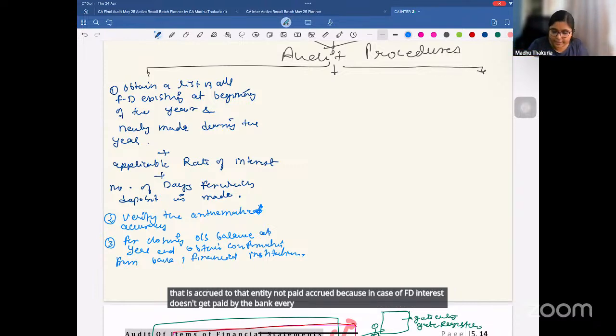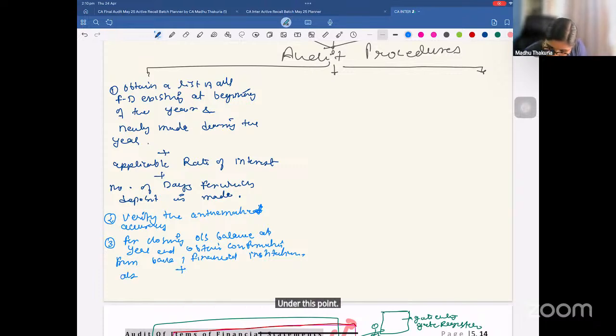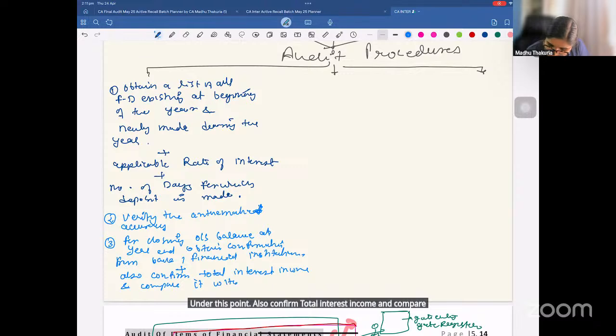So under this point, also confirm total interest income and compare it with books of account.